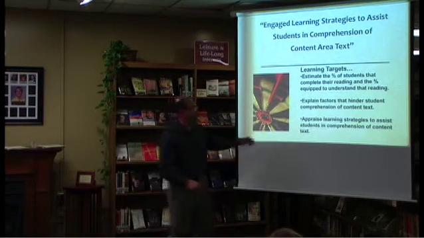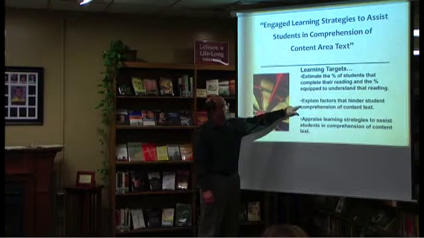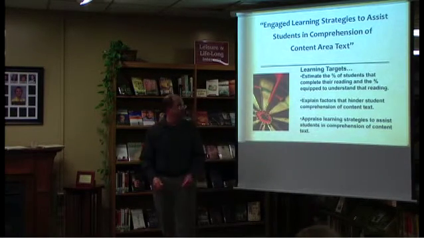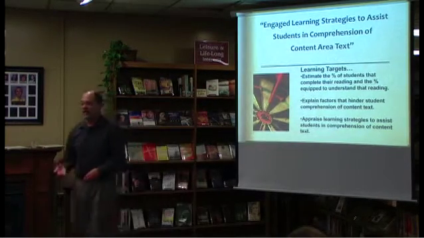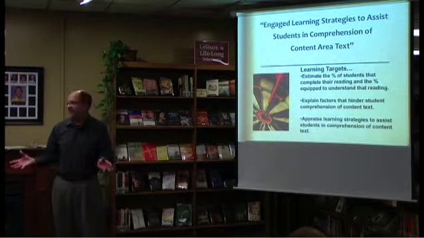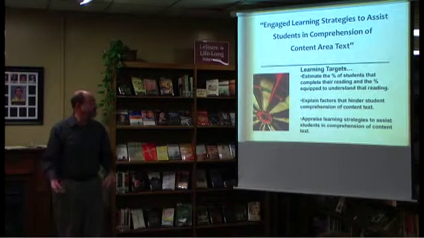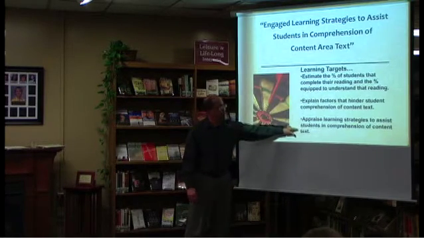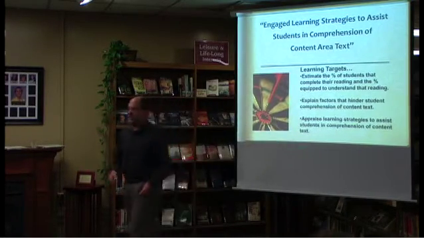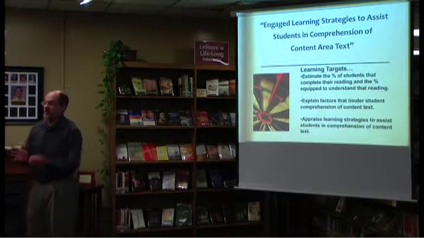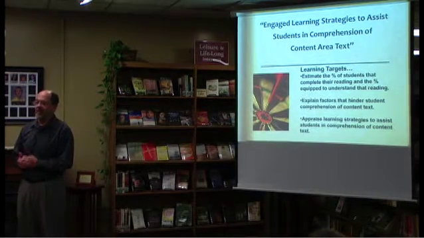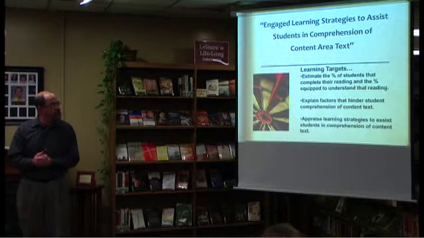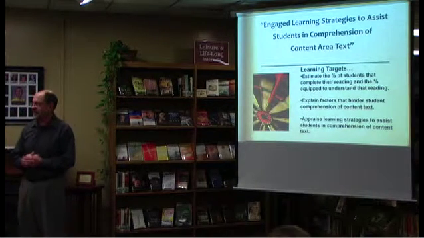Then I'd like to think a little more about what some of the factors are that really hinder their comprehension of text. What's going on with them, with the text, with instruction? What are some of those factors? And then we'll spend probably the bulk of our time looking at some learning strategies that you might want to think about using to increase the comprehension of your students. So those will be our three big things for today.